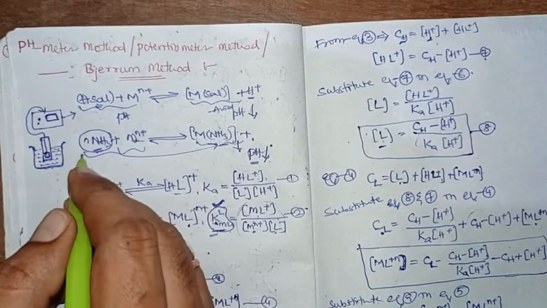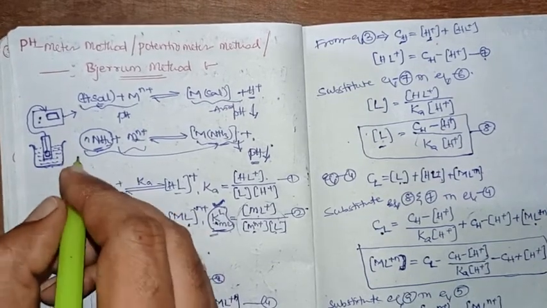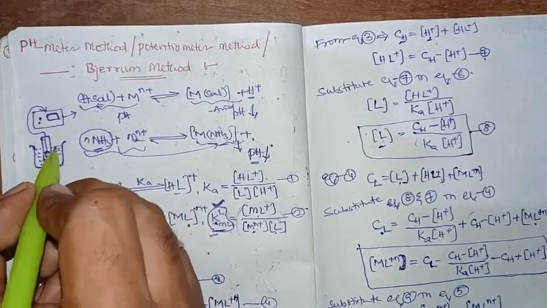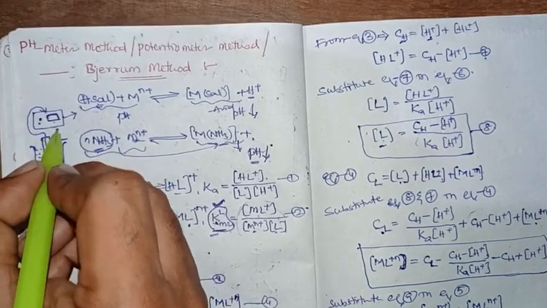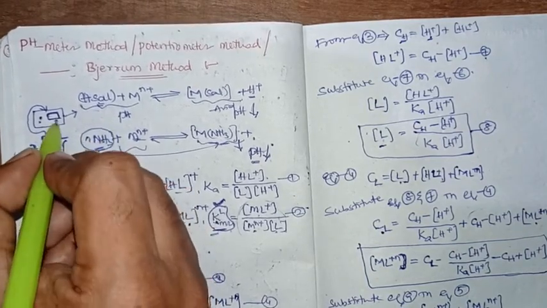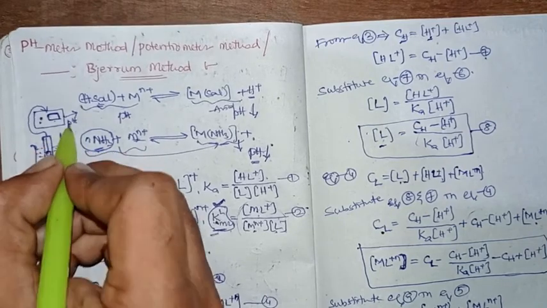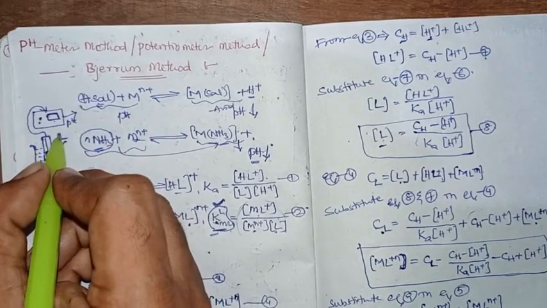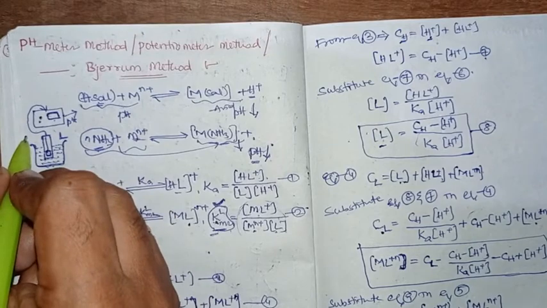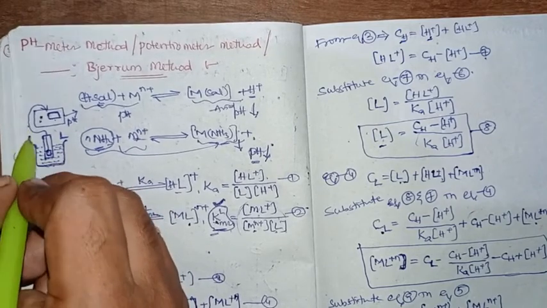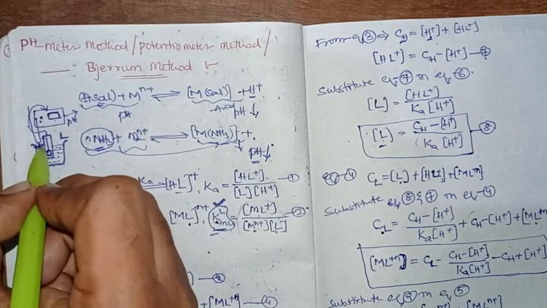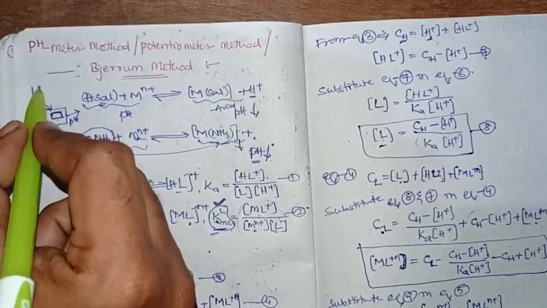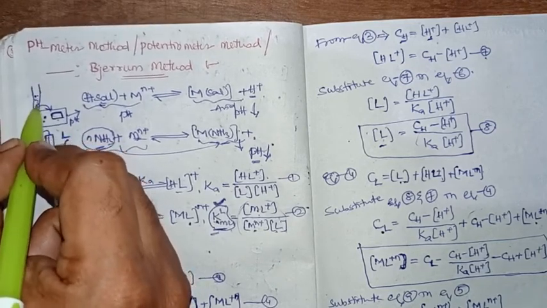Initially having a ligand, we can record the pH value, and to this ligand we add the metal solution from the burette.